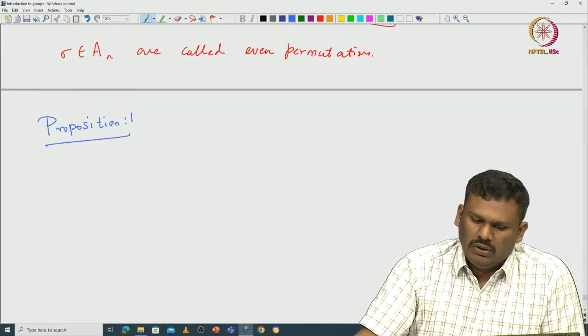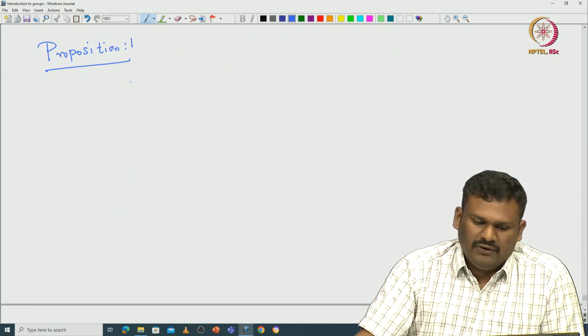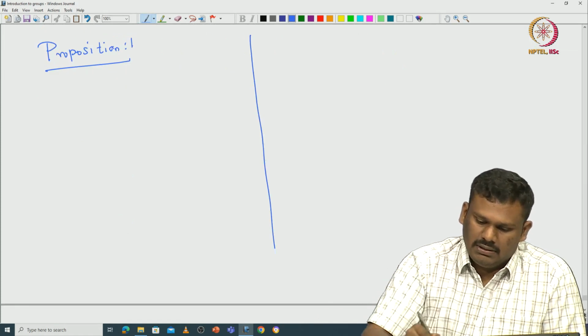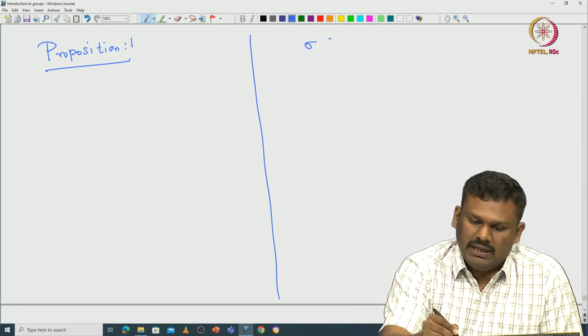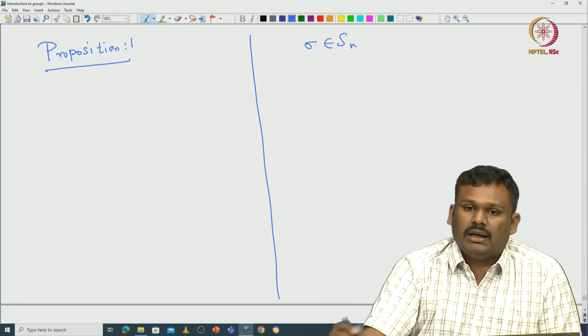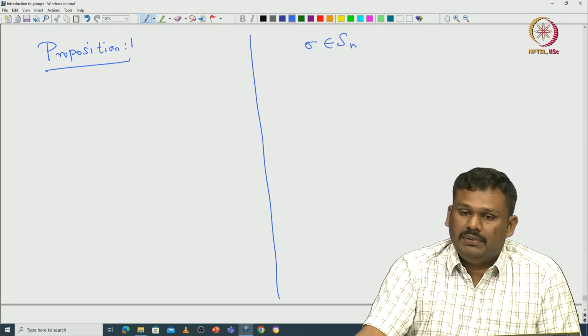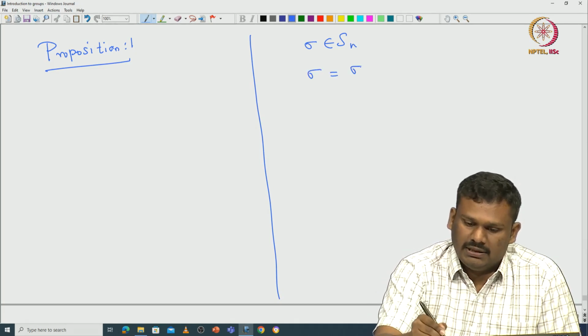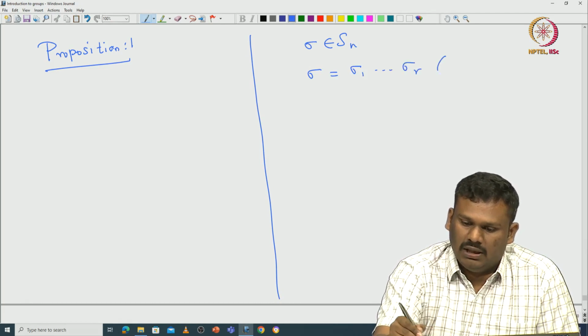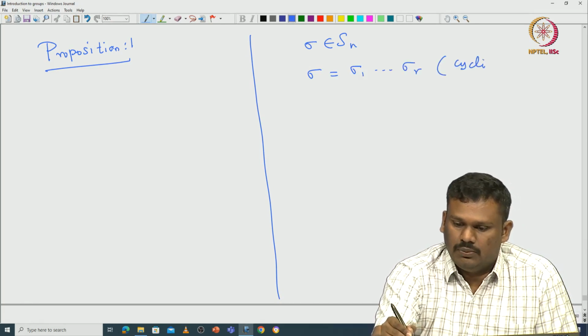Note that if you are interested in understanding the conjugacy of some given sigma, take sigma from S n. We know that sigma can be written as a product of disjoint cycles, sigma 1 etc. sigma r. This is the cyclic decomposition of sigma.